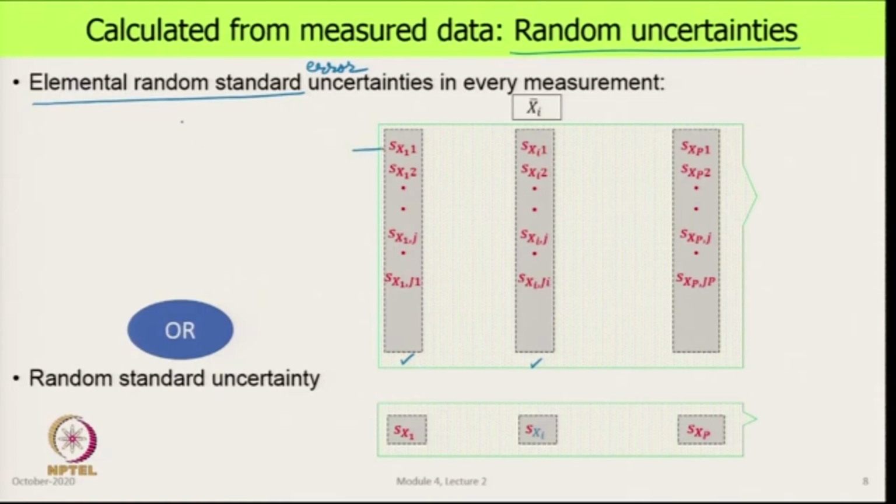This is elemental random standard uncertainty due to cause number 1. This is elemental random standard uncertainty due to cause number 2. These causes we have to identify separately.